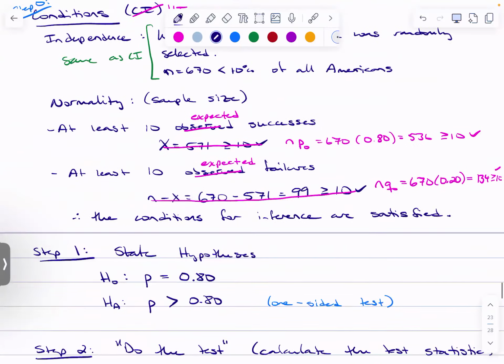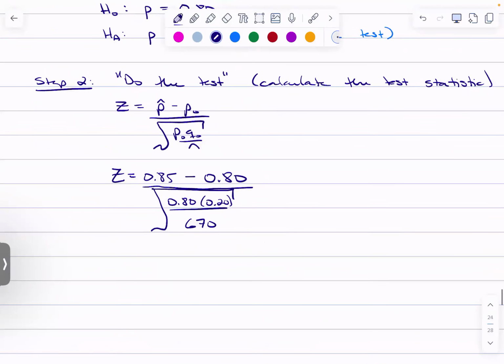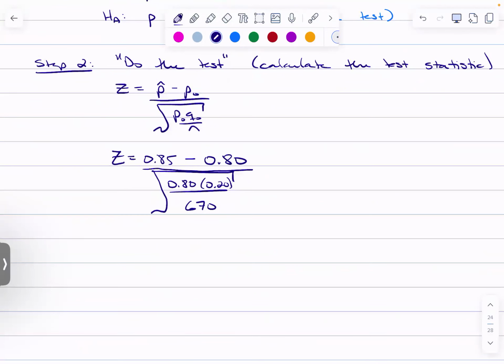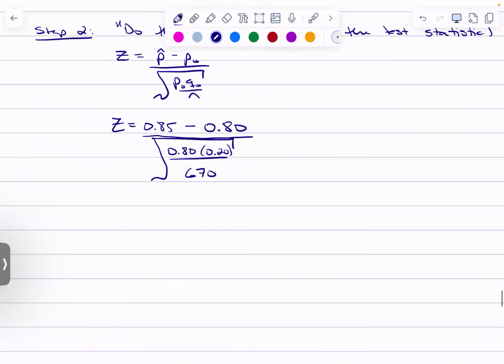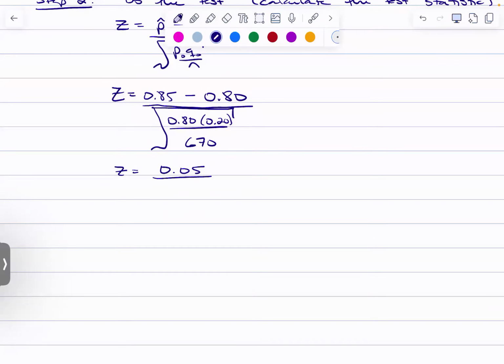Yeah. Okay. 0.85 minus 0.8. Well, I shouldn't have done that first. 0.05. 0.8 times 0.2 divided by 670. Don't forget that square root.